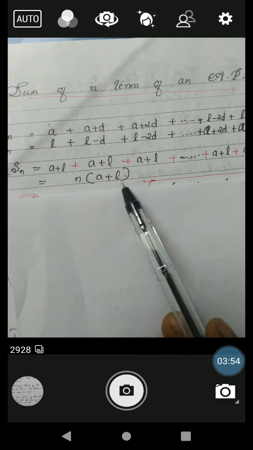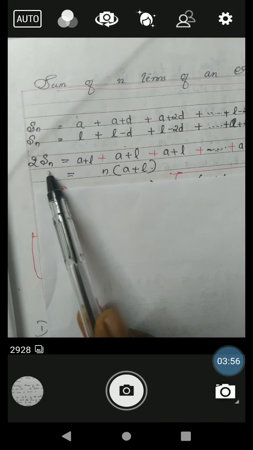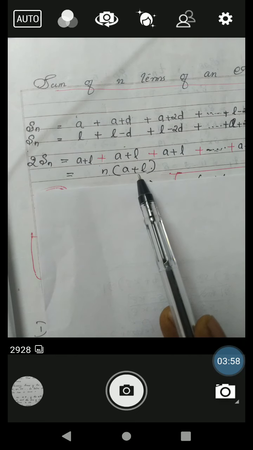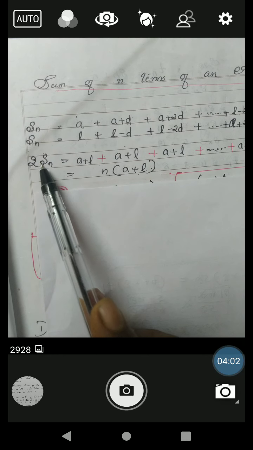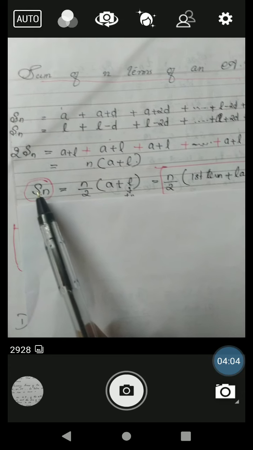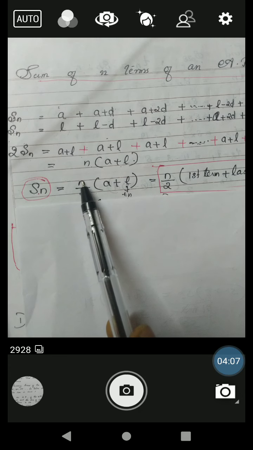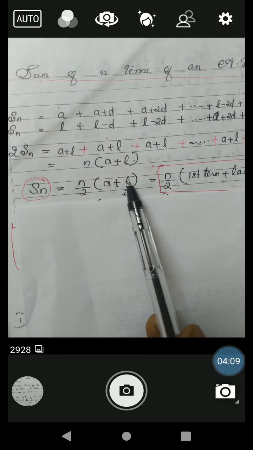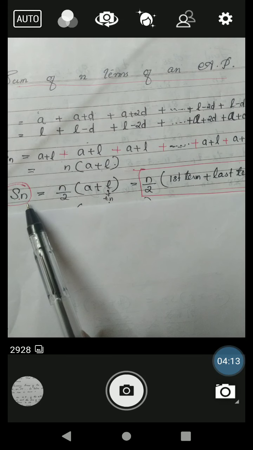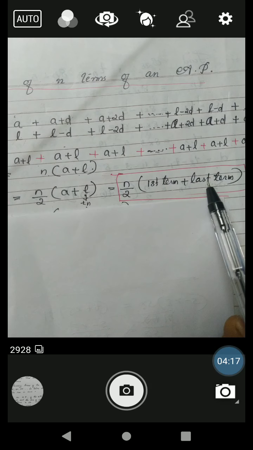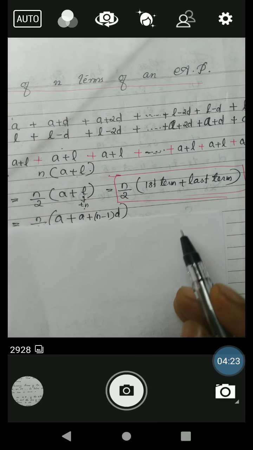So we get 2Sn is equal to n into A plus L. Transpose 2 to the other side, we get Sn is equal to n by 2 into A plus L. That means the sum of n terms of an AP is equal to n by 2 into first term plus last term. Understand?